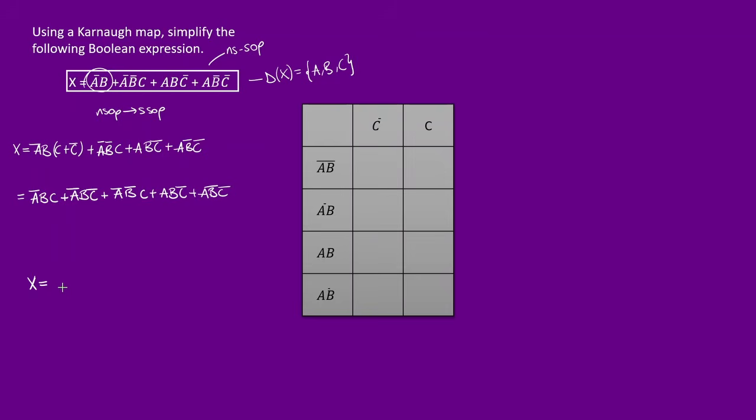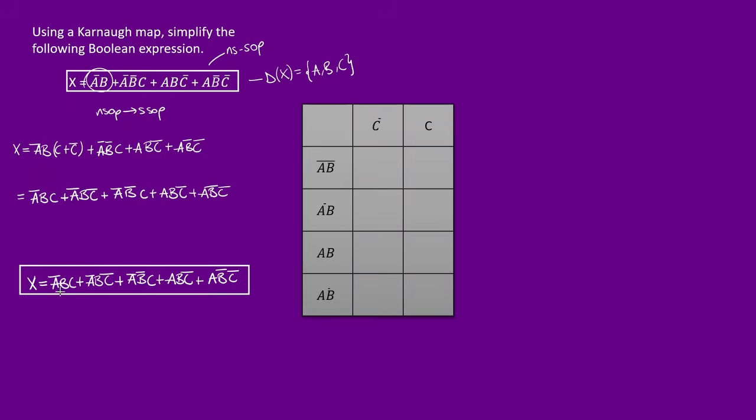This is going to be not A B C, or not A B not C, or not A not B C, or A B not C, or A not B not C. So what we've been able to do here is convert the non-standard SOP expression into a standard SOP, like we did in the video before this. Now the next thing is to write this into our Karnaugh map.